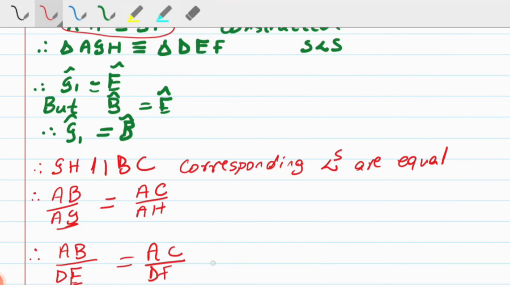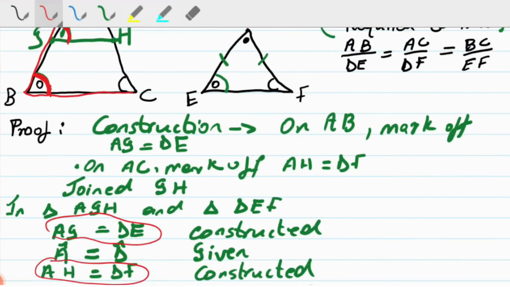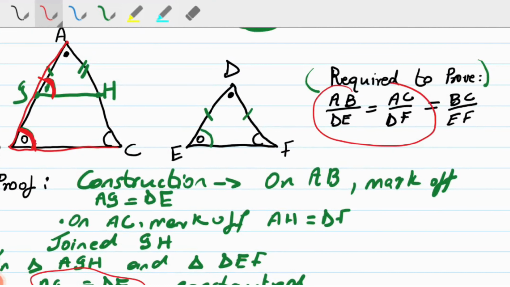Yay, we just proved the first part of that theorem.